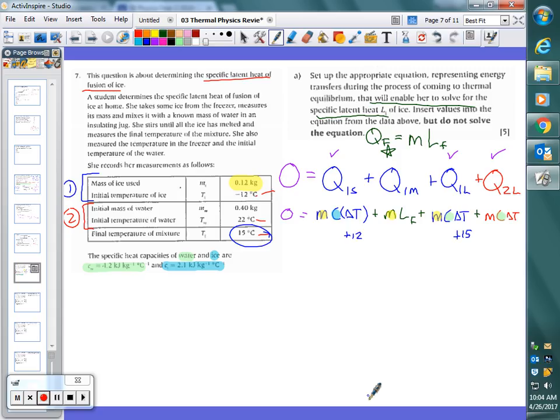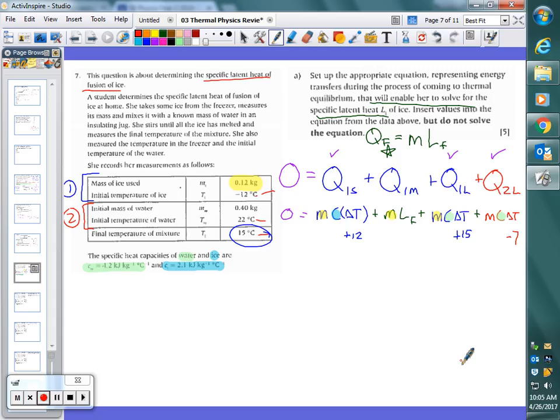Even though we started in the negative numbers, the change is positive, right? Does that make sense? And then this delta T is going to be -7.